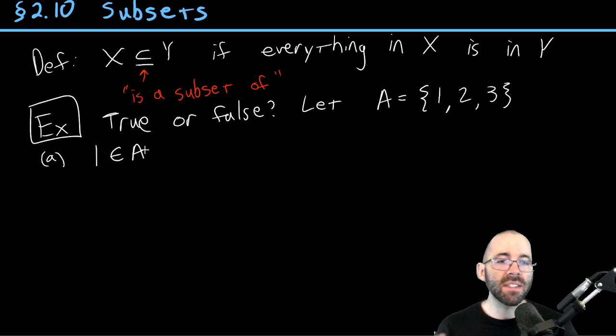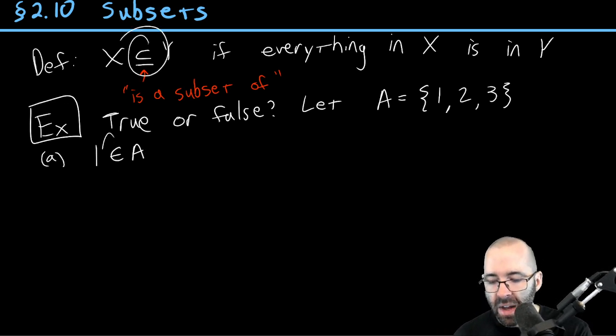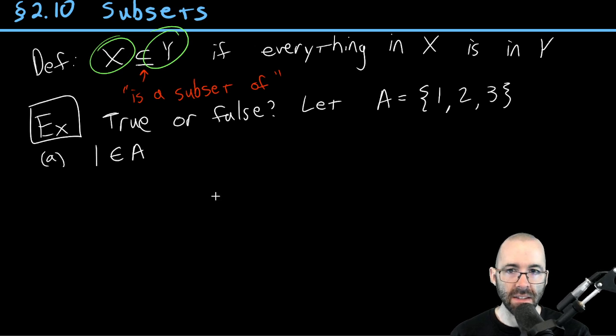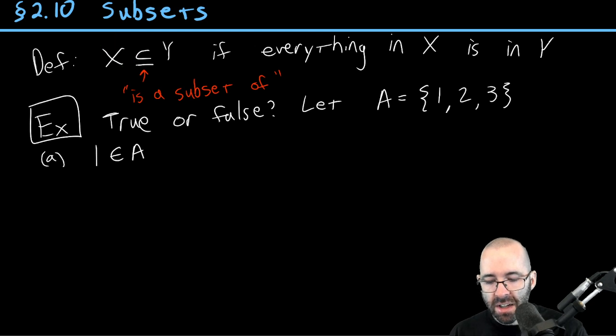Because that's a very important distinction that we have right here, right? We have the idea of a subset, and we have the idea about an element. For a subset, these both need to be sets for subset to make sense. Okay, it's in the name, subset.